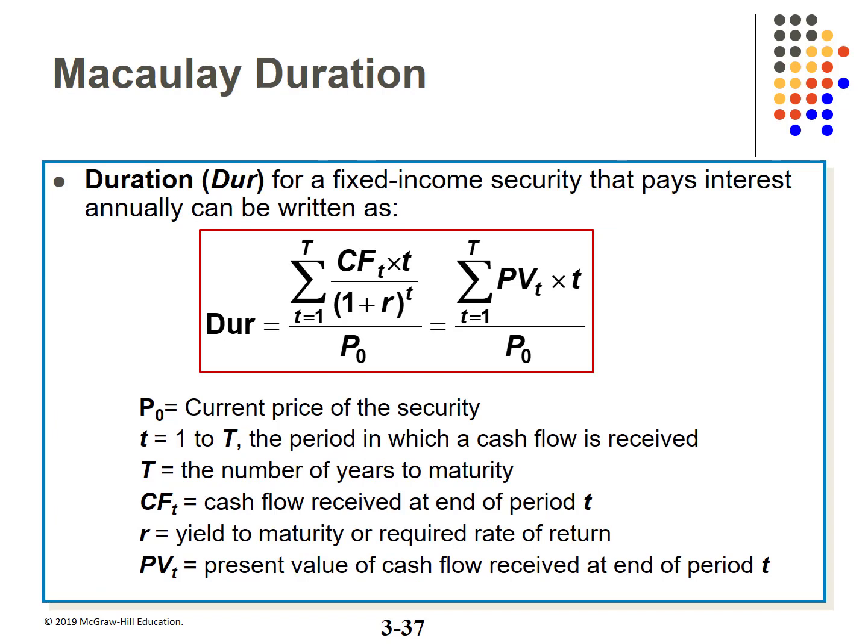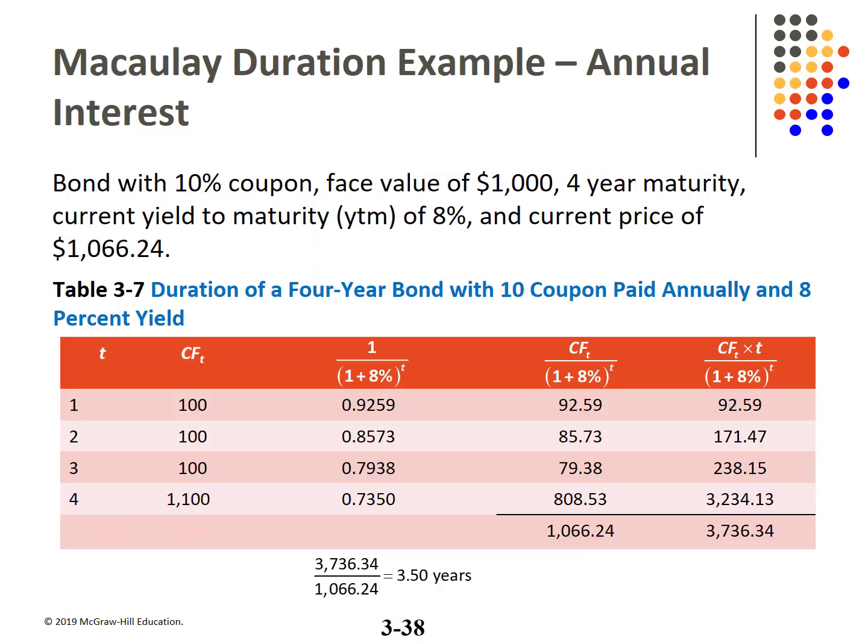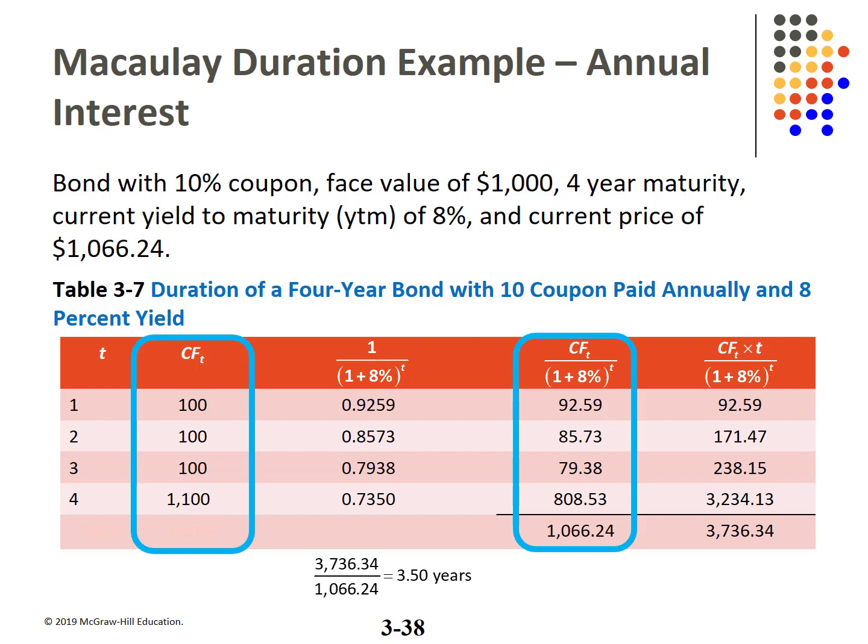This version of the duration formula simply replaces the denominator with P0, the bond price. Here is a simple 4-year example of computing duration. This bond pays a 10% coupon annually, has a face value of $1,000 and a yield to maturity of 8%. Current price, $1066.24. First, discount each cash flow.